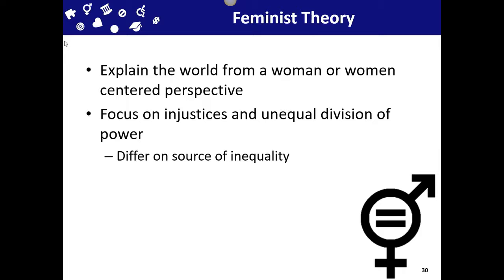However, they differ on the sources of this inequality between men and women in society, as well as on the ways to achieve equality in society. So, for your reflection journal, I'm really interested in your ability to apply different feminist theories to media depicting ideas about gender.